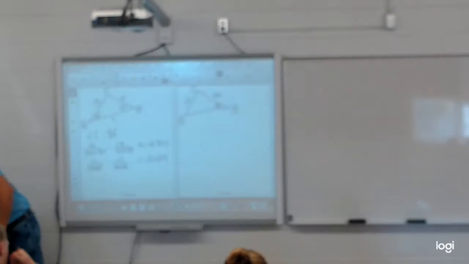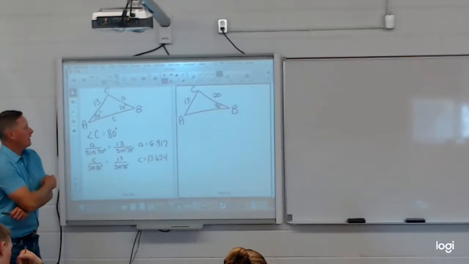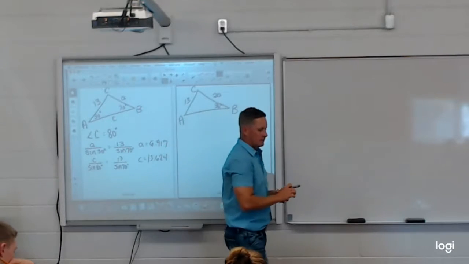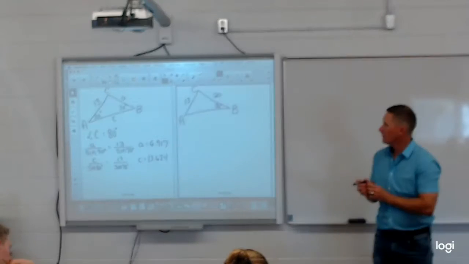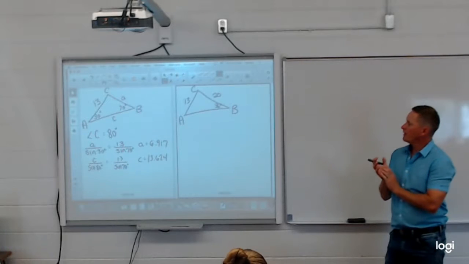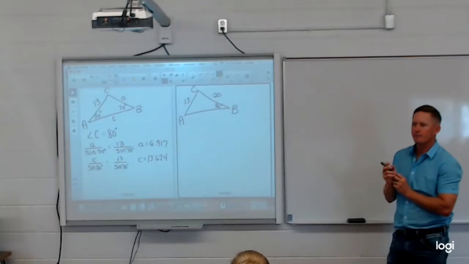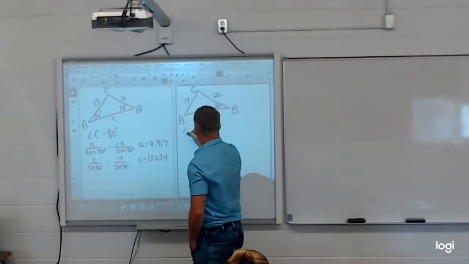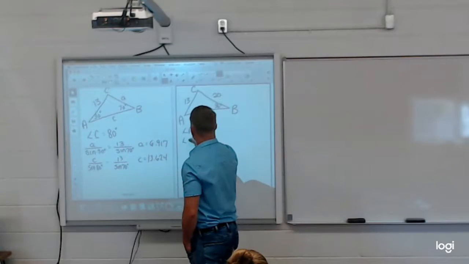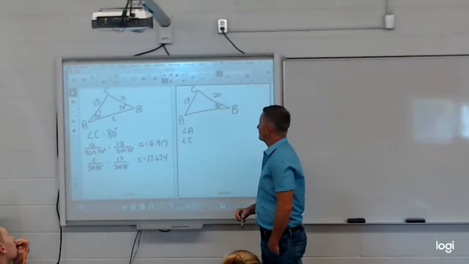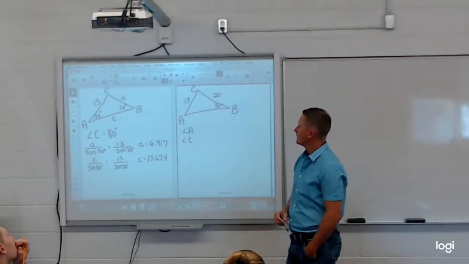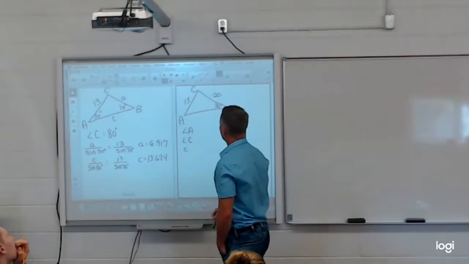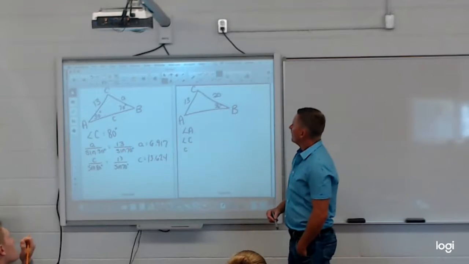Now, what are the angles that we're missing? A and C. Okay, so I need angle A, I need angle C, and what else do I need? Side C, that's right. Okay, so first things first.